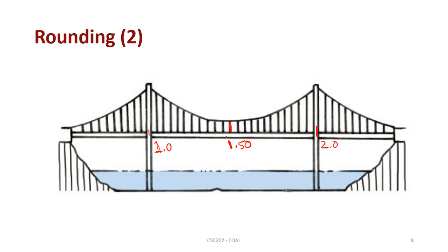Now take a few examples. If you are standing here at this position, and another example, let's say you are standing over here. For example, this is 1.3 and this is 1.8.